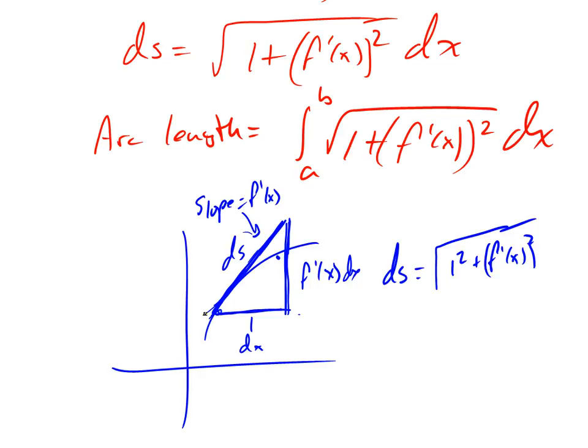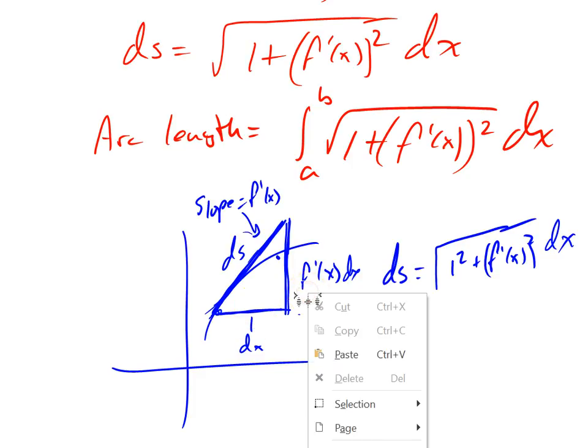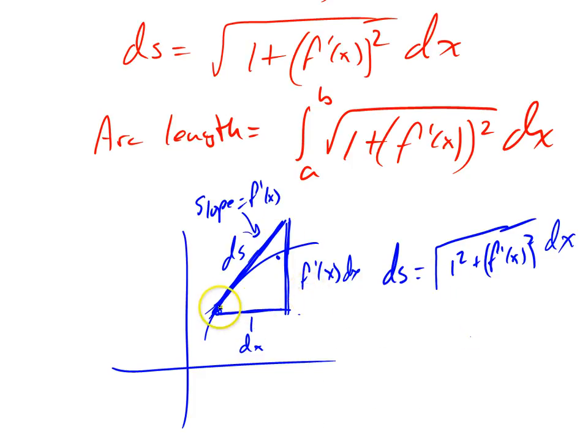But the whole thing scales down to that times dx. There is a triangle that has a 1 and a slope here, so the Pythagorean theorem would be telling you that other side. Then scale the whole picture down by a factor of dx to make it small, to see that that little bit of arc length is there.